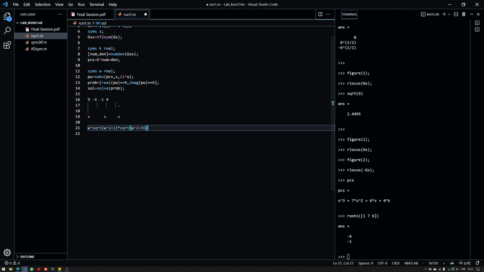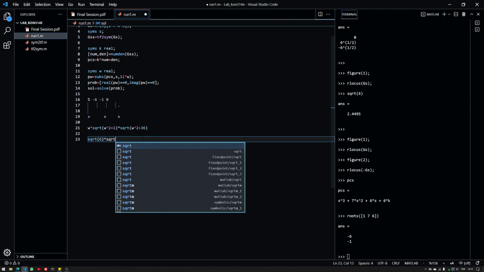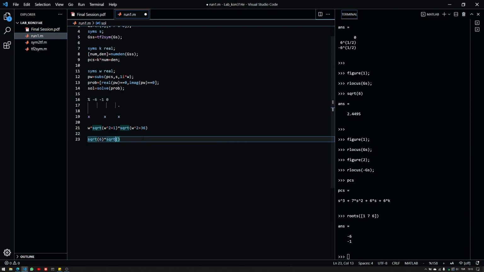So since you would have one value for omega, for example, if you have omega equals 0, this would become 0. If you have omega equals square root of 6, you would have 6 here, and square root of 6 plus 1, which should be 7.